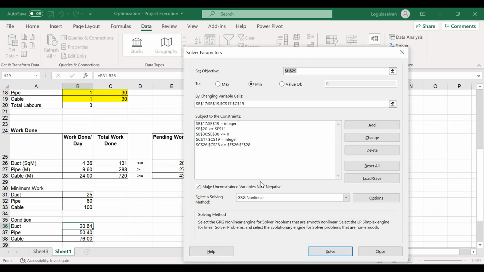So we have added our restrictions. Last time we used the simplex LP method. This time we will be using the GRG nonlinear method.